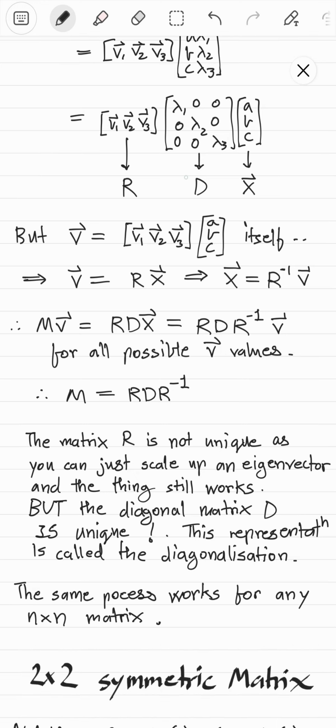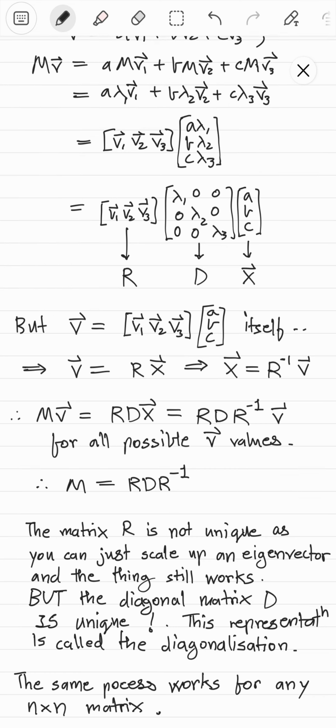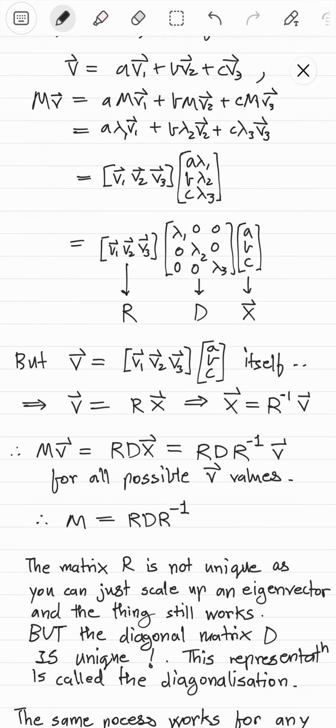But your D matrix, so the diagonalized matrix, this is in fact unique. Because your lambda 1, lambda 2, lambda 3 are unique. At least their ratio is. So you can definitely take out a constant from this thing. All that is doable, but at least the ratio is the same everywhere, right? Because the matrix M is a fixed thing.